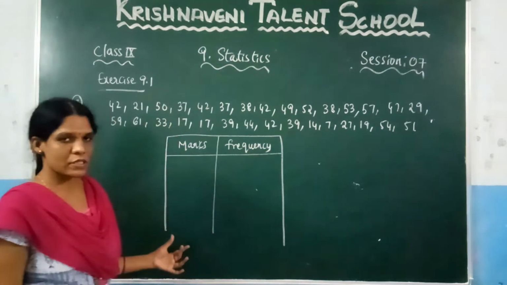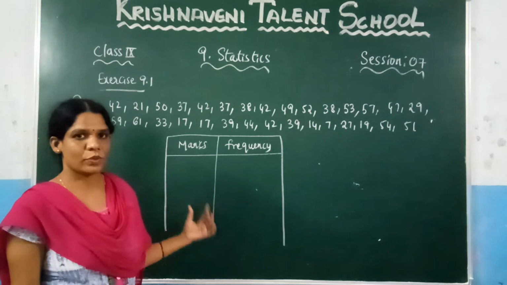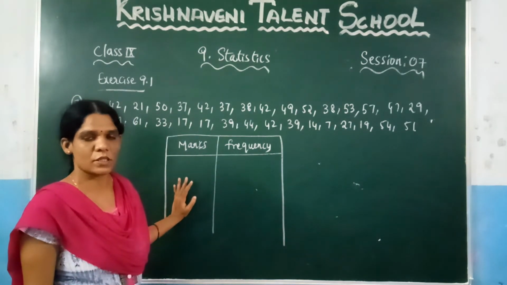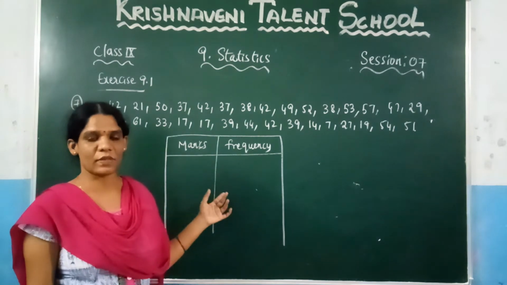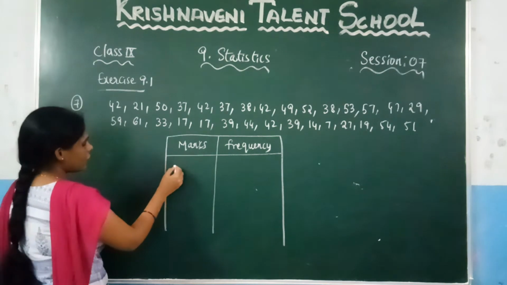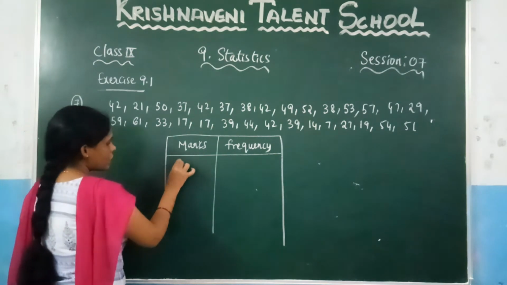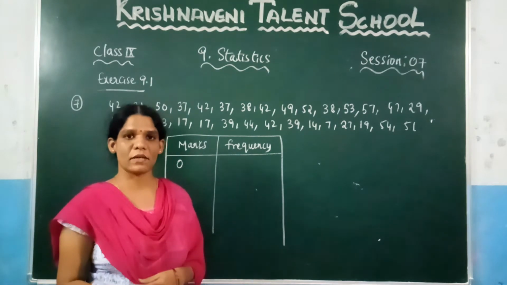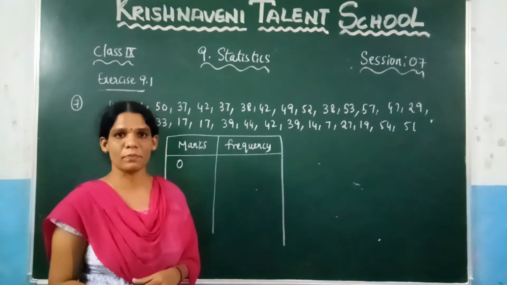Now in the question itself they have given here, you need to take this in the form of the grouped frequency distribution table. In the question they have given it in the form of equal class intervals. So let us take here, what is the minimum mark? 0, right? What is the maximum mark? The exam was conducted for 75 marks.